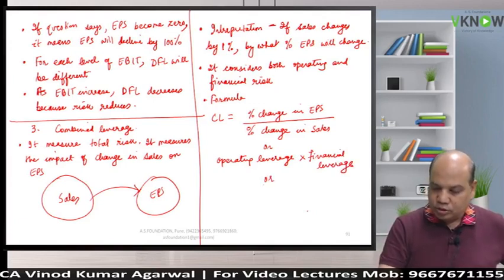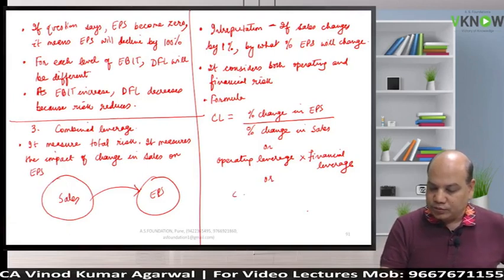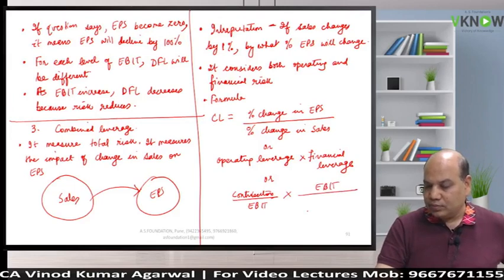Operating leverage is contribution by EBIT, and financial leverage is EBIT divided by EBIT minus interest minus preference dividend upon 1 minus tax rate.